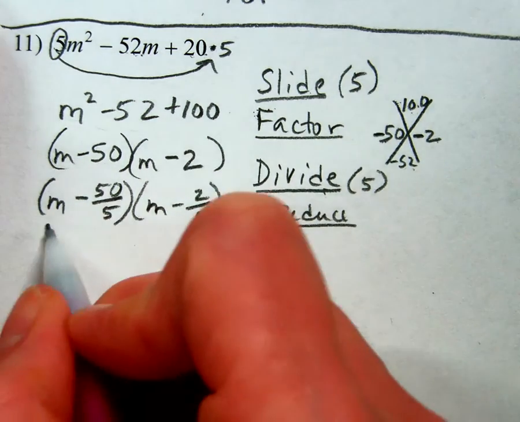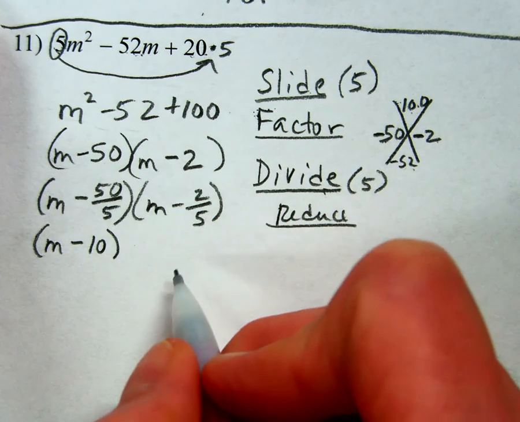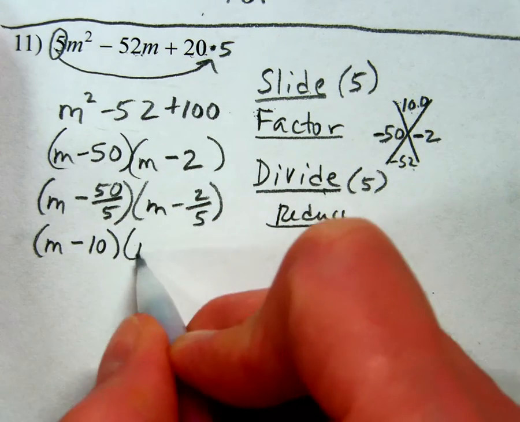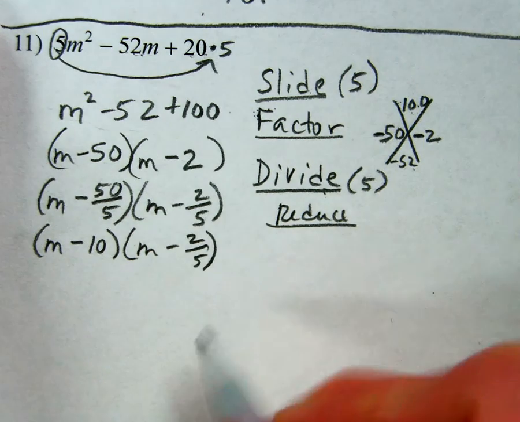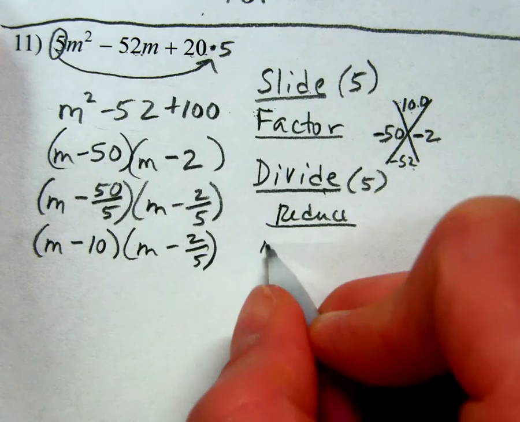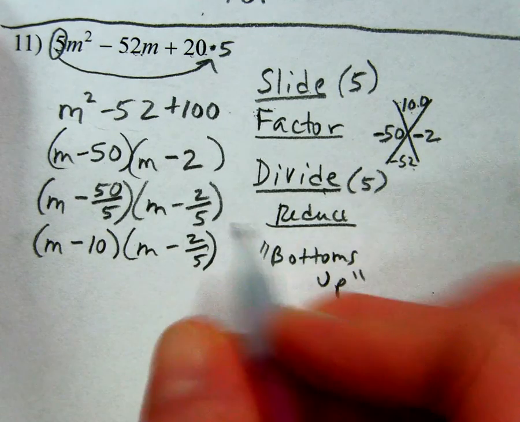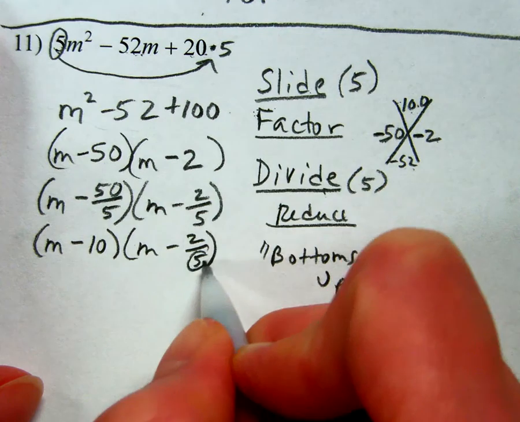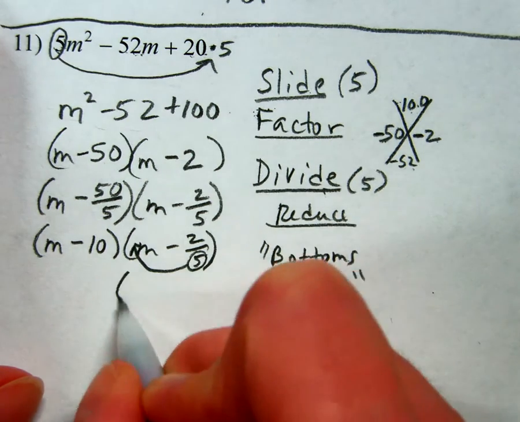So the 50 divided by 5 we can definitely reduce. This would be m minus 10. The 2/5 does not reduce, but we're also not going to leave it in there. The last step, for any fractions that did not completely go away, there's a step called bottoms up, which basically means you're going to take whatever is on the bottom of this and you're going to move it up in front of your variable.